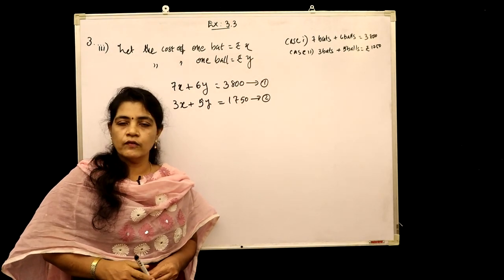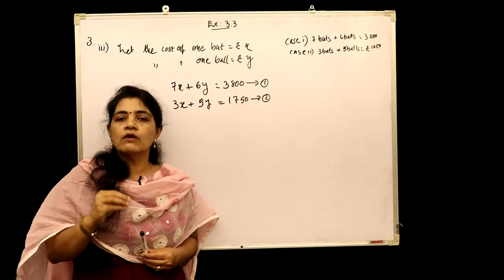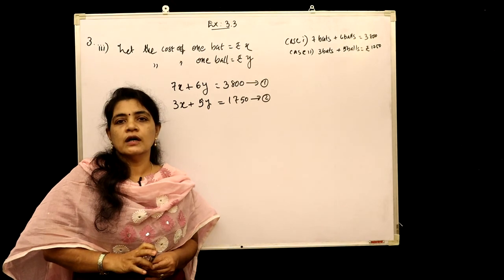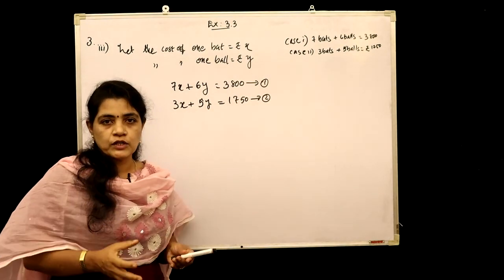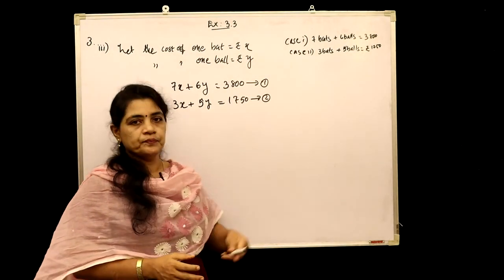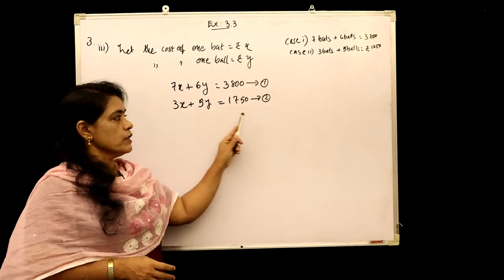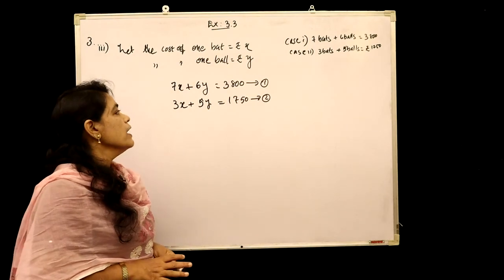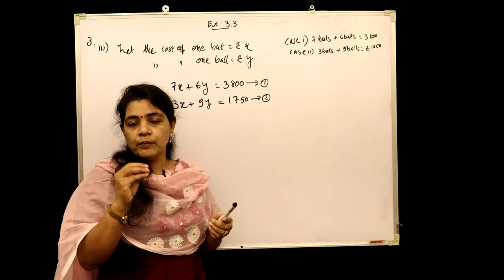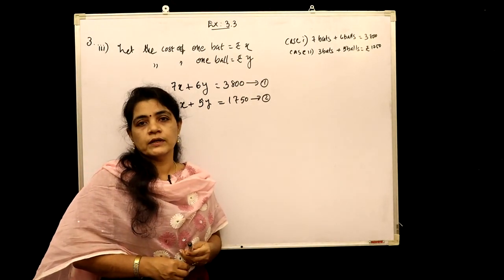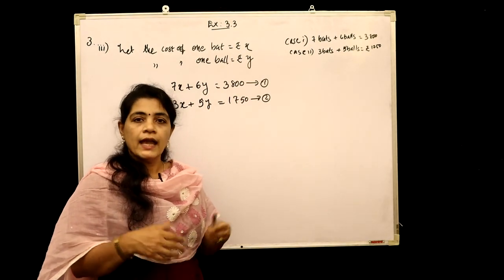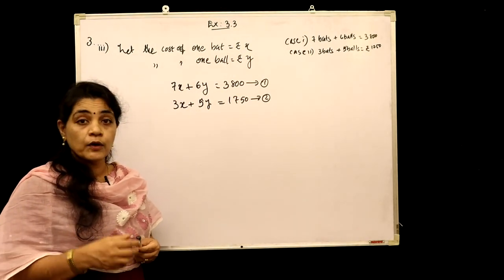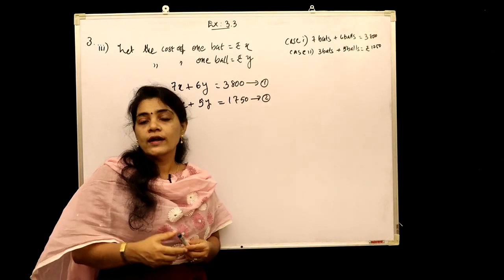So what is the rule? We have to express any one of the variables with respect to the other, either from equation 1 or from equation 2. Compared to this, equation 2 has the smaller coefficients, 3x and 5y. So I am going to represent equation 2 with respect to x. Any variable is fine, that is purely upon our own convenience.